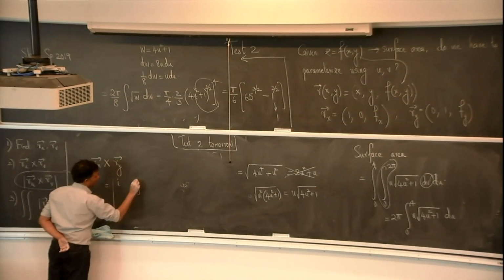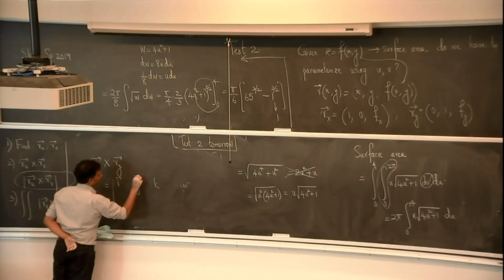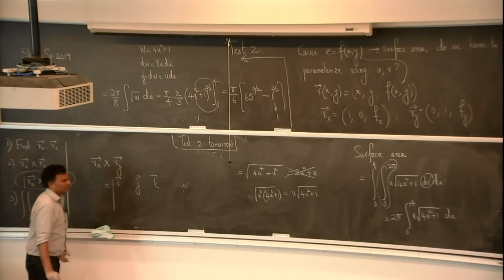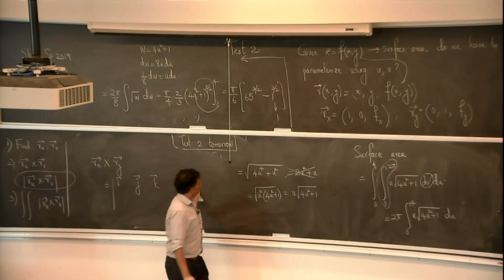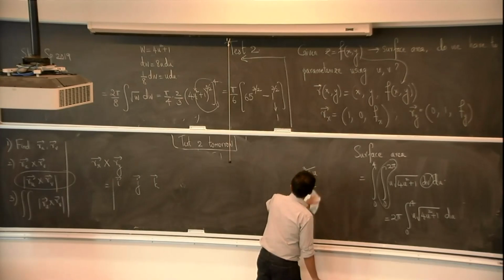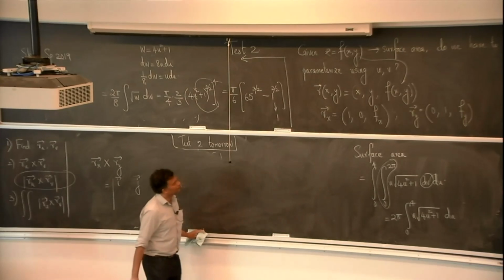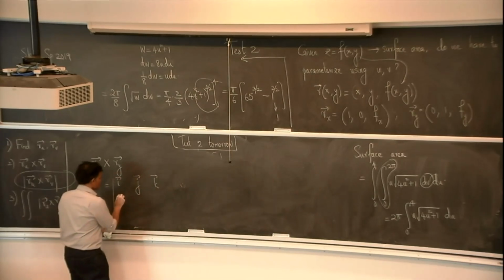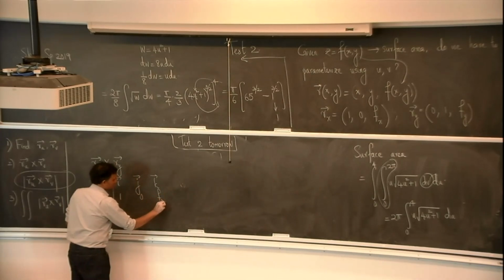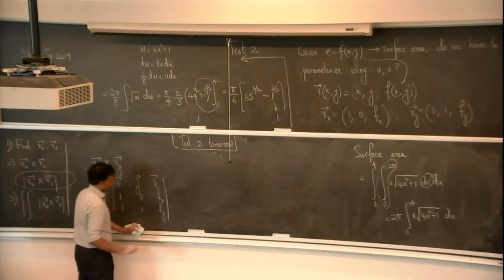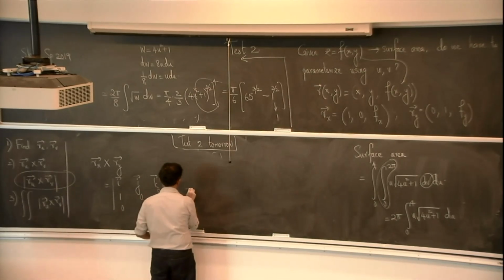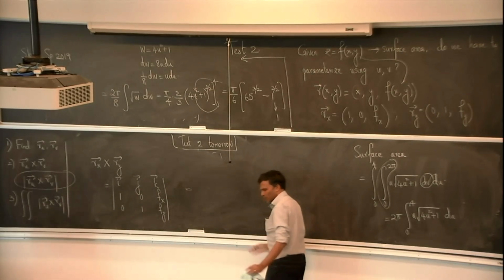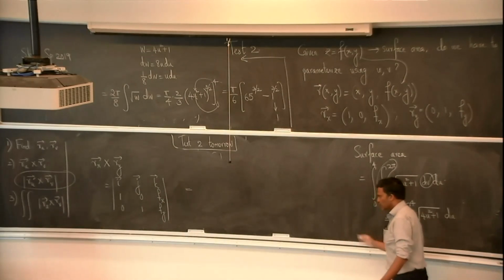That's i, j, k. 1, 0, partial fx, and 0, 1, partial fy. So I'm not really doing anything completely new in a conceptual way.